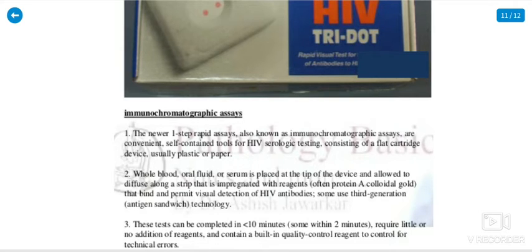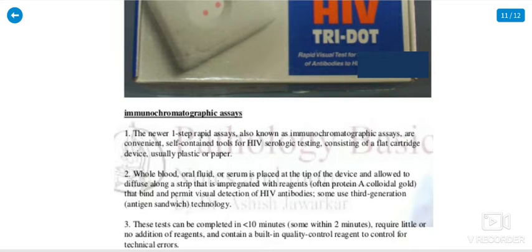The whole blood, oral fluid or serum is placed at the tip of the device and allowed to diffuse along a strip that is impregnated with reagents, often protein A or colloidal gold, that bind to and permit detection of HIV antibodies. Some use third generation antigen sandwich technology.